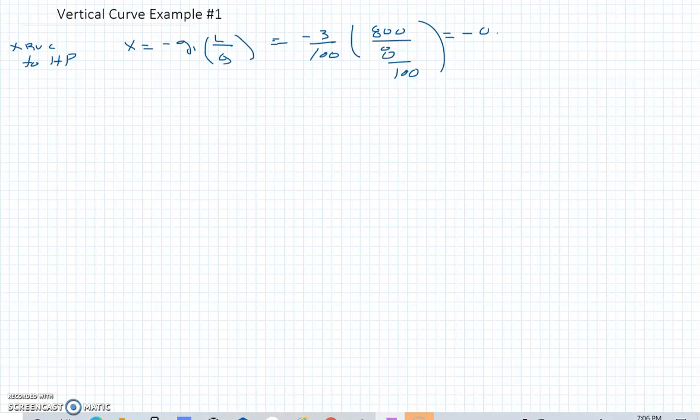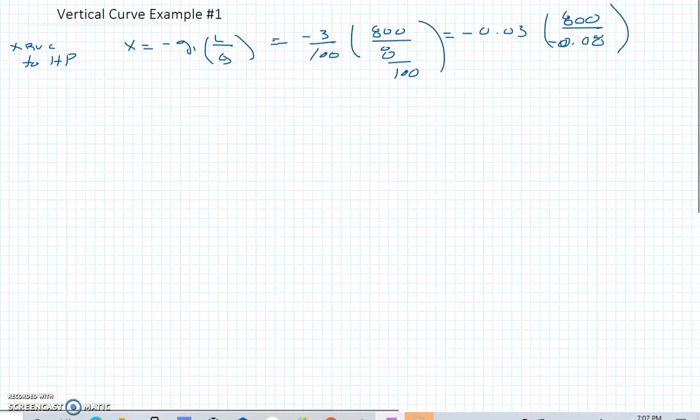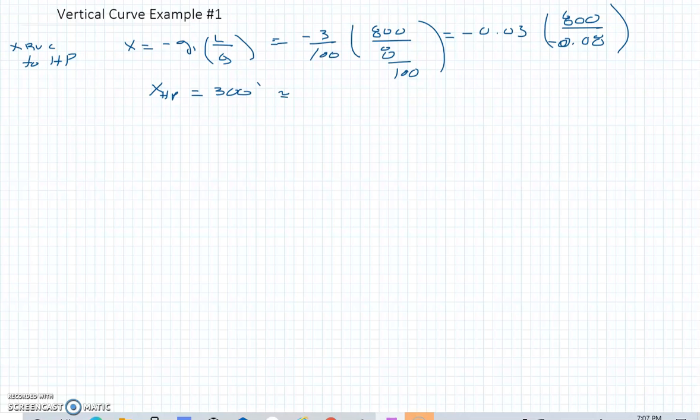So that will be minus 0.03 times 800 divided by minus 0.08, and this distance will be 300. So my x distance to the high point will be 300 feet, and converting to stationing will be 3 plus 00.